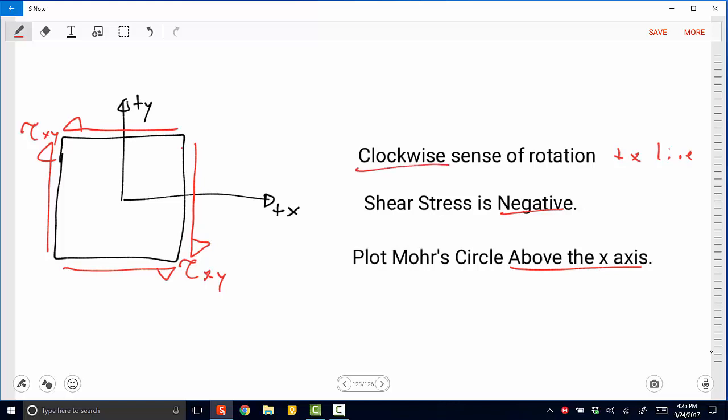So if we have an element and our shear stresses look like this, in our equations we're going to use negative. And yet when we plot Mohr's circle, we're going to plot our shear stresses above the x-axis. If we're above the x-axis, that seems like it's positive, right? But it's not. Okay?